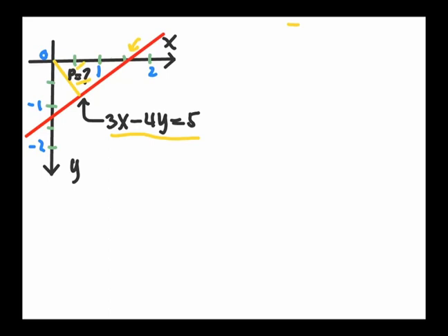Now, given this equation, 3x minus 4y equals 5, the equation of the line, clearly here a is equal to 3, b is equal to negative 4, and c is equal to 5, right?